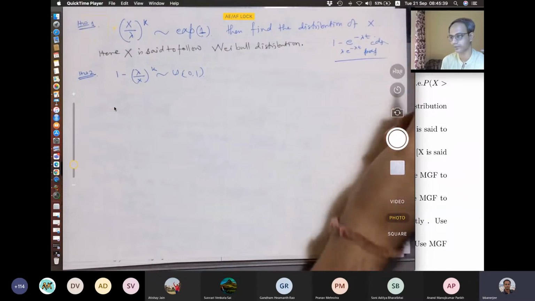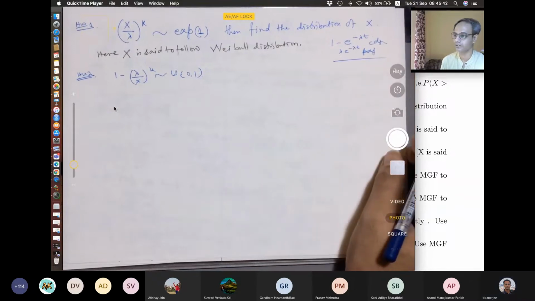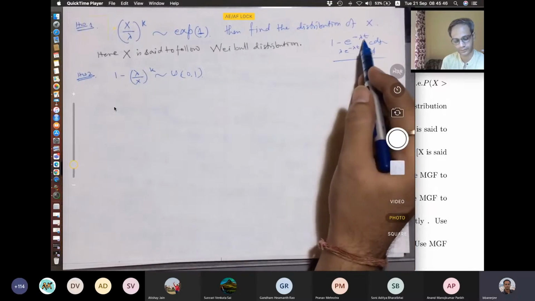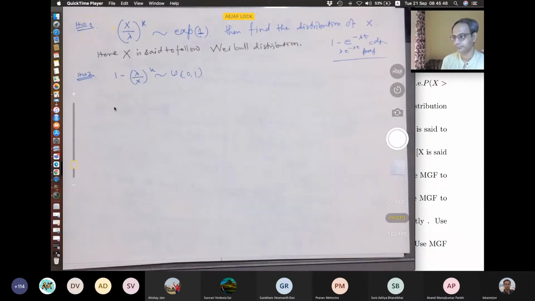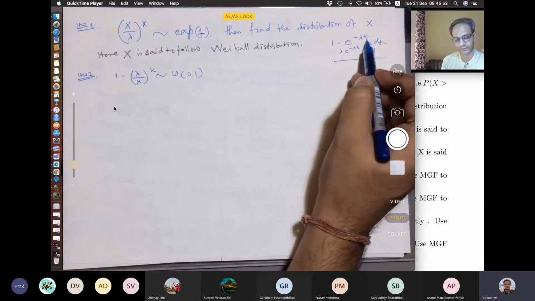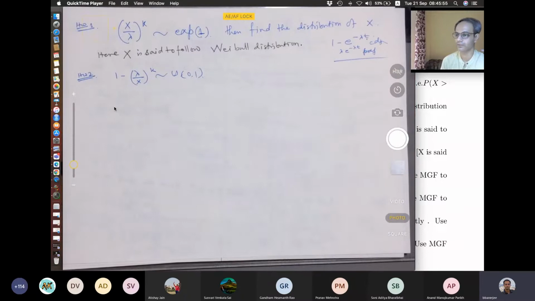This is what you need to consider. So this quantity will come in place of t, and then you need to take the derivative. You will get the distribution of x, or PDF of x.